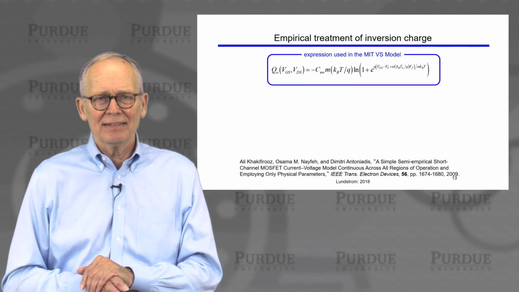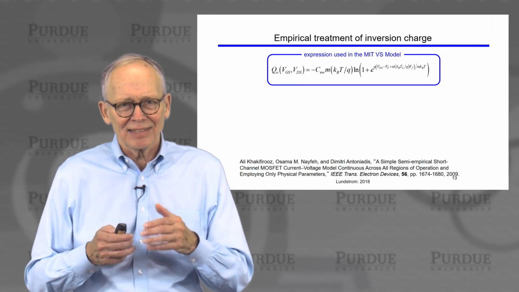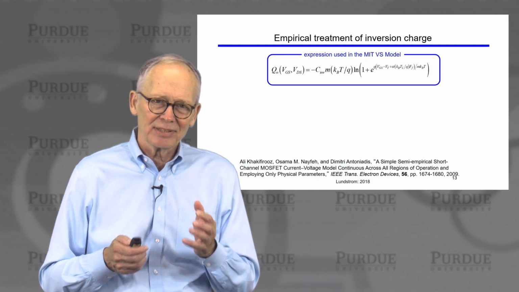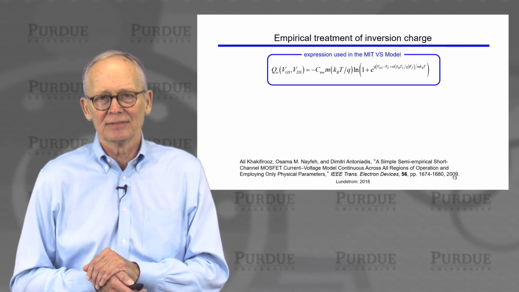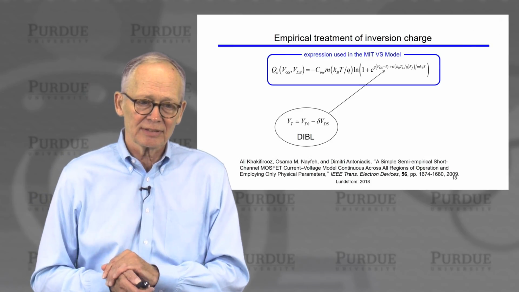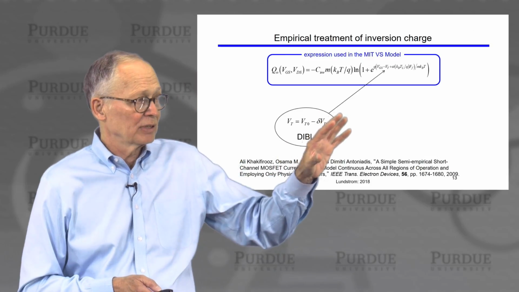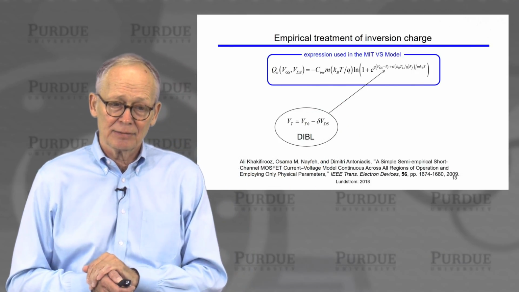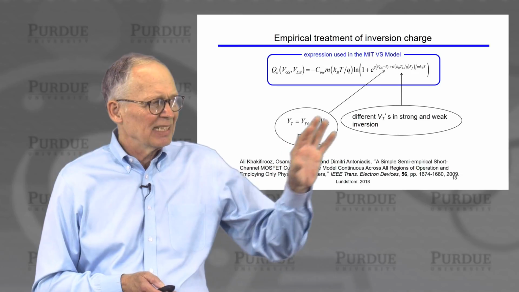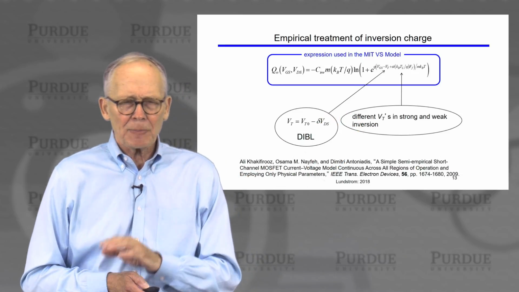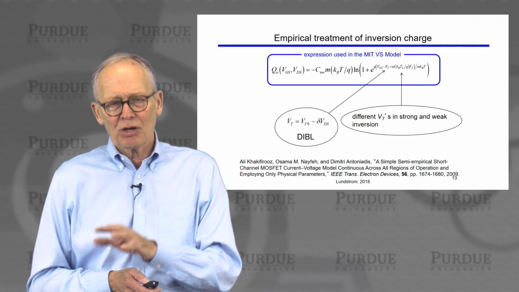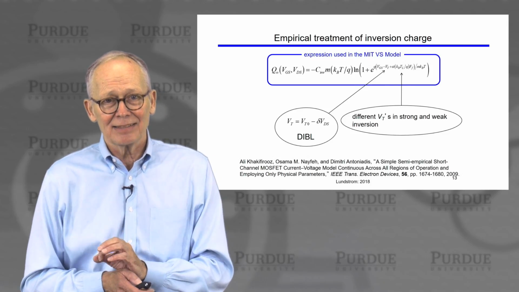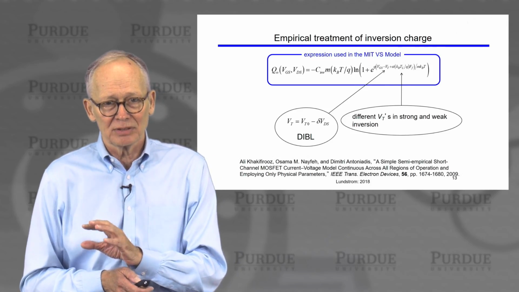Now, the MIT version of the virtual source model uses a little more sophisticated empirical function just to do a little bit better job of treating the numerical solution to this equation. We, of course, introduced DIBL because the threshold voltage in this expression depends on the drain voltage. But I've said that in strong inversion, you can't bend the bands much over 2 psi b, but you can, in fact, bend them a little bit over 2 psi b.